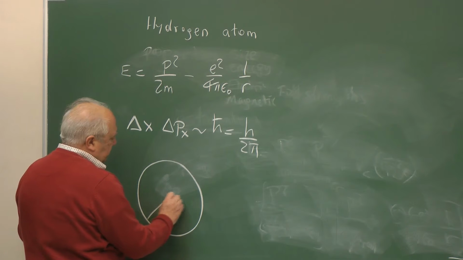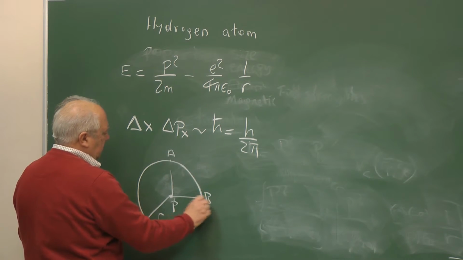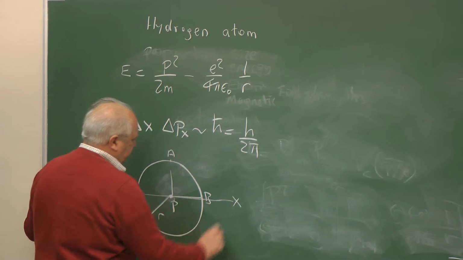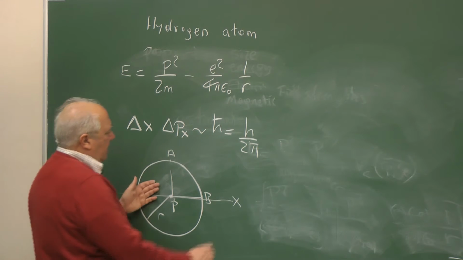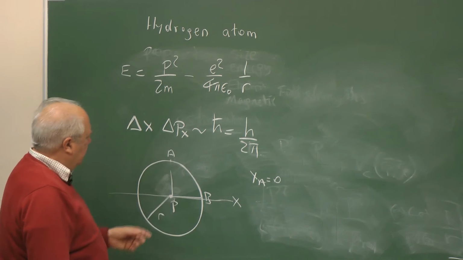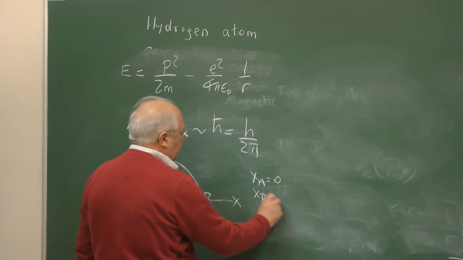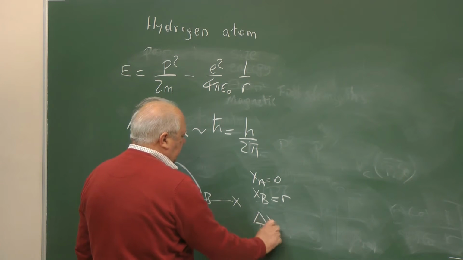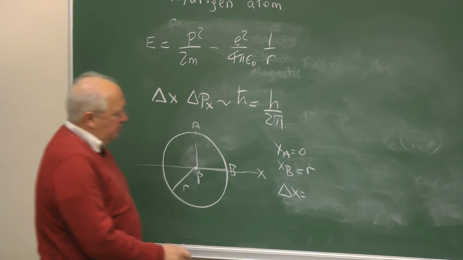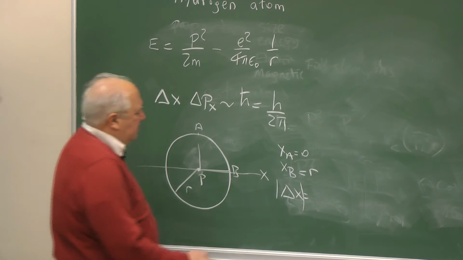So, for example, let's take 2 points A and B. And this is the x-axis. x_A is equal to 0. The position at A is 0. The x position at B is r, the radius. Therefore, delta x, I'm talking about the magnitude, is about r.